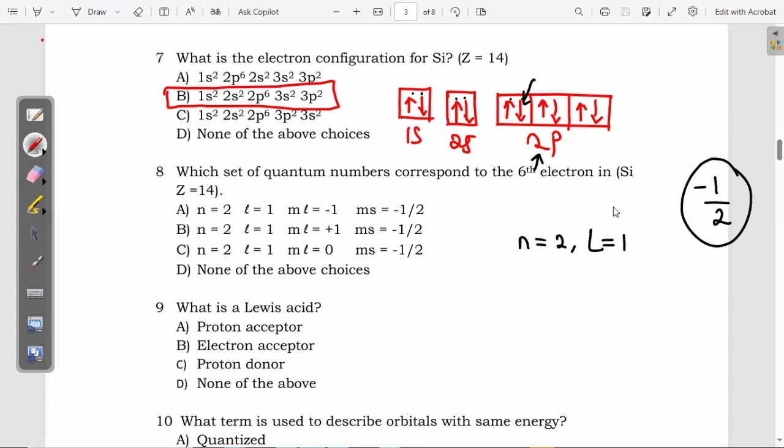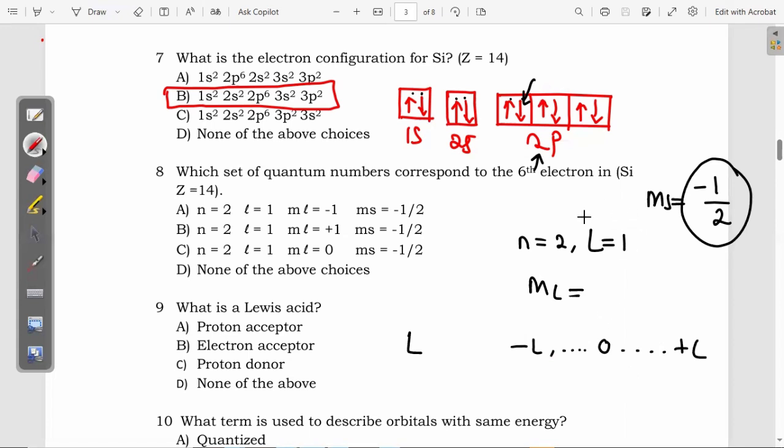And then what else should we find? This here was the ms, the spin. Since it's facing down, we are getting it as -1/2. What is remaining is the ml. How do we find it? Remember we said if we have l, then ml will go from -l, through 0, to positive l.